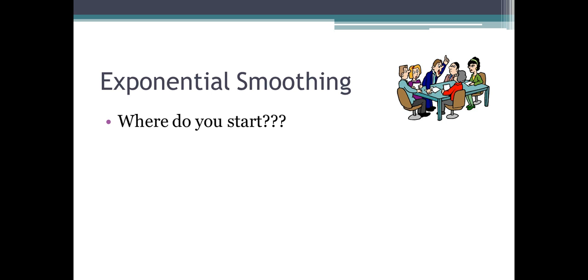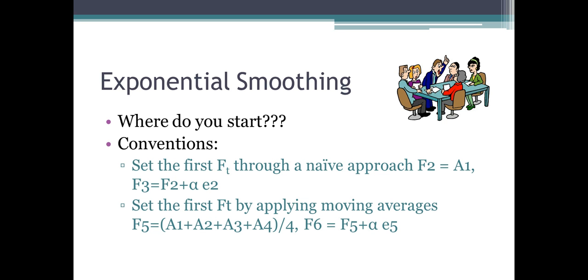There are two conventions for this that are widely used. One is simply to start out with the naive approach and set your second period forecast. Say, just like in the naive method, I cannot forecast the first period. I will take the actual value I see in the first period and set it as my second period forecast and carry on from there.